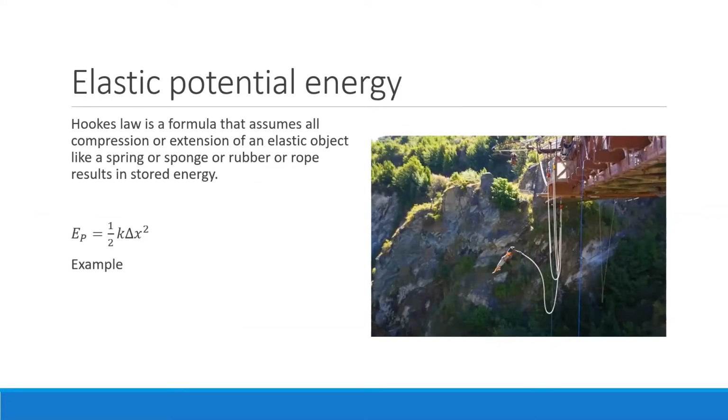That stored energy is calculated using the below formula. EP equals a half K delta X squared. Now, you guys could find a way to calculate this, to show how Hooke's law becomes this law, but I'm not going to do that because I don't really want to.